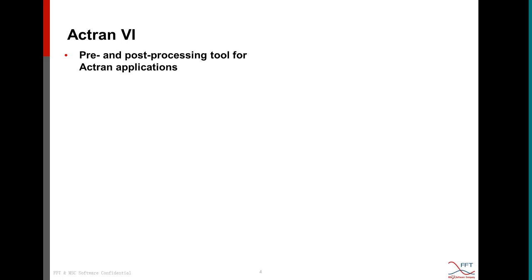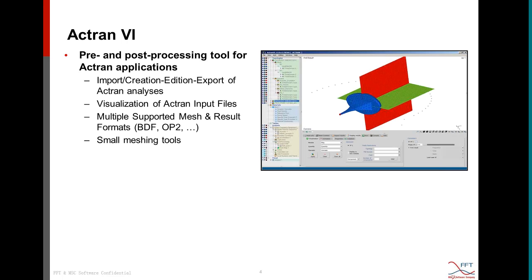So Actran VI is the dedicated pre- and post-processing tool for acoustic modeling in Actran. And it allows us to perform various types of actions from the import or export of Actran analysis or meshes to the creation and edition of Actran analysis. It also contains more and more meshing capabilities today as we release new Actran releases year by year.